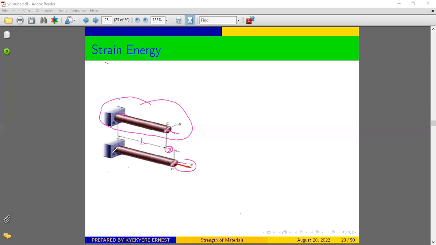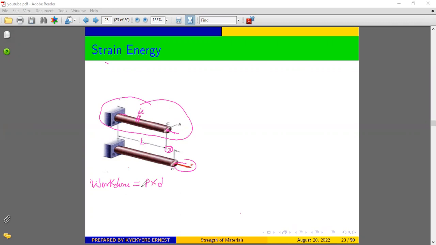So if we take just a small portion of the rod, and we want to get the work done in deforming that small portion, then we know from our studies that the work done is equal to force times the distance moved in the direction of the force.